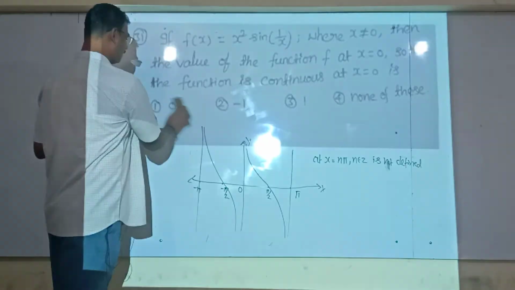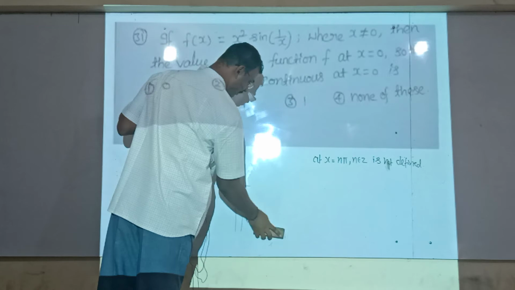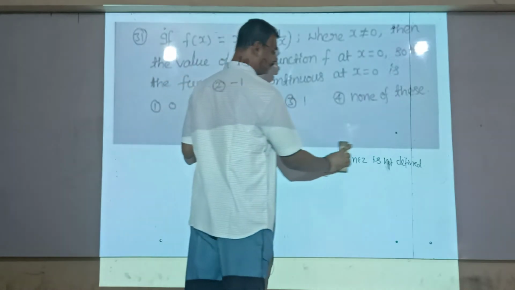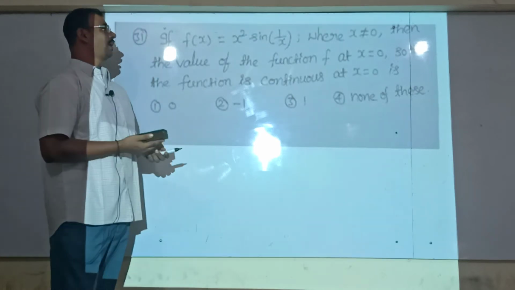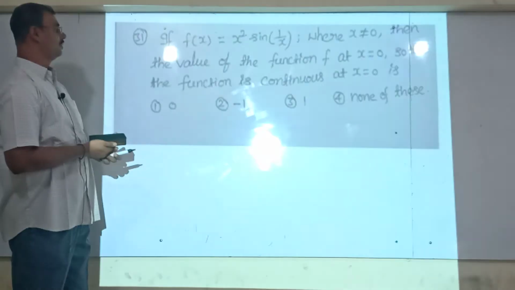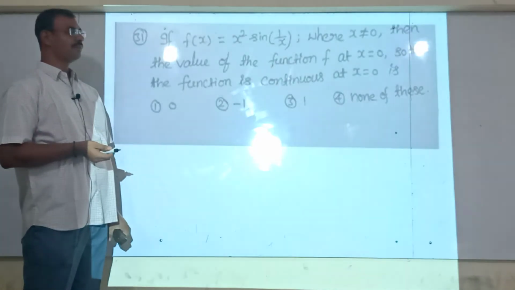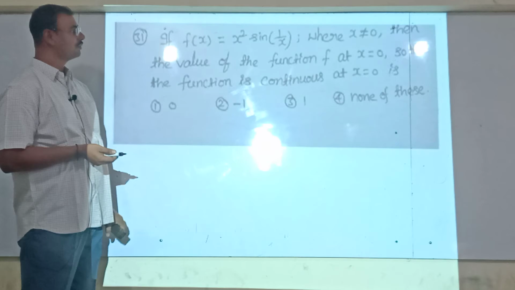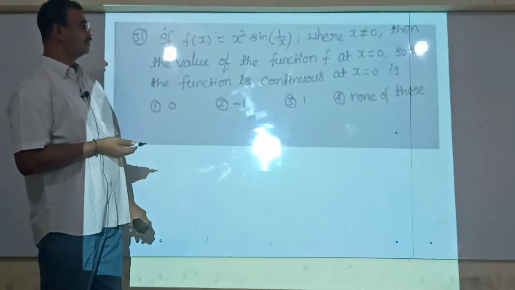Problem number 31 here. f of x is equal to x square into sin of 1 divided by x, where x not equal to 0. Then find the value of the function f at x equal to 0, so that the function is continuous at x equal to 0.